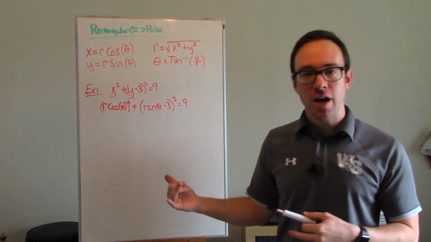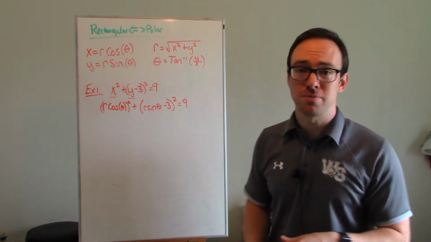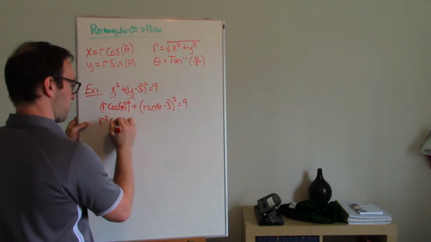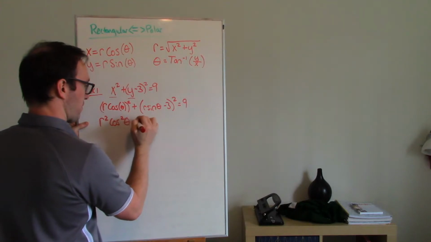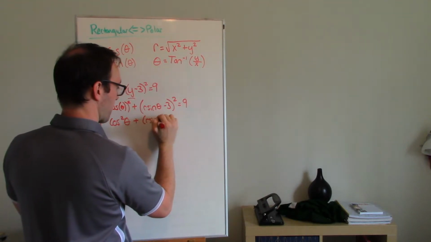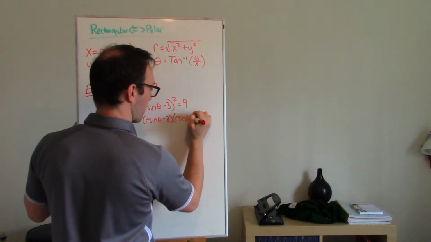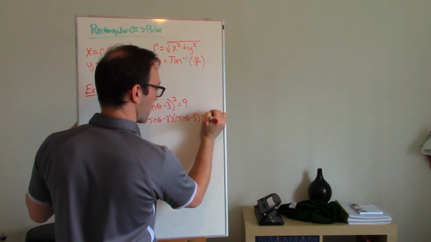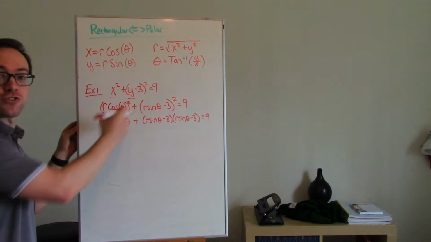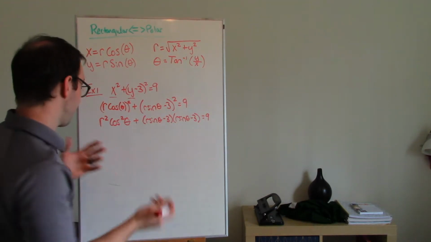So watch how I do it and make sure you're following along, and feel free, post questions below. Square distributes to both pieces there, and then over here, write it twice and FOIL.